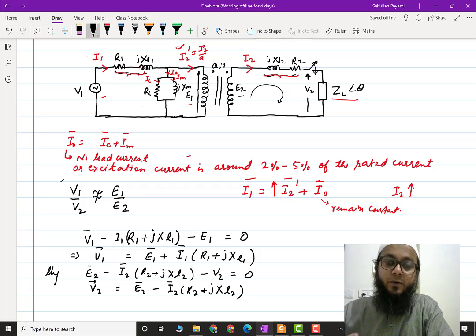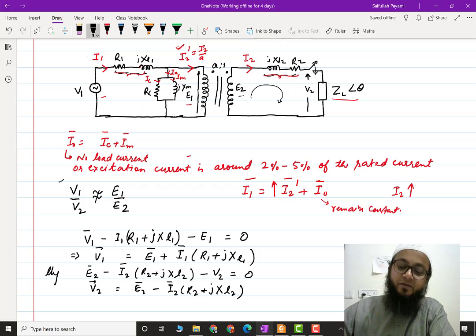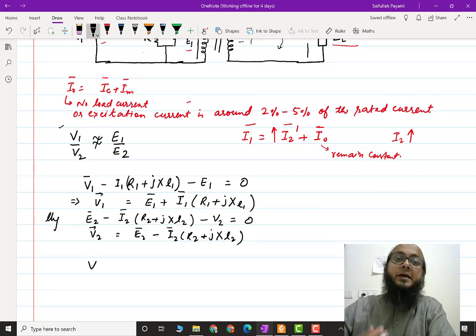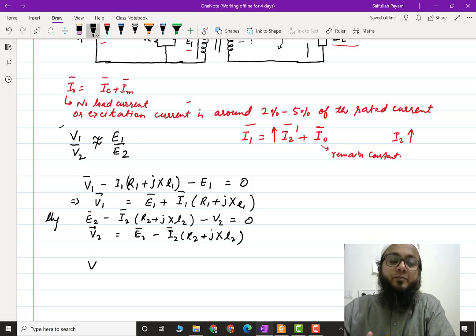So generally we mention the voltage rating of the transformer in terms of the terminal voltages V1 and V2, and not E1 and E2. To account for the drops, we manipulate the number of turns in such a way that we get the desired voltage at the secondary side.